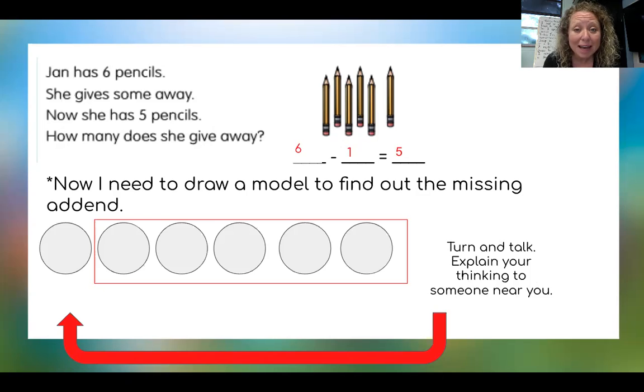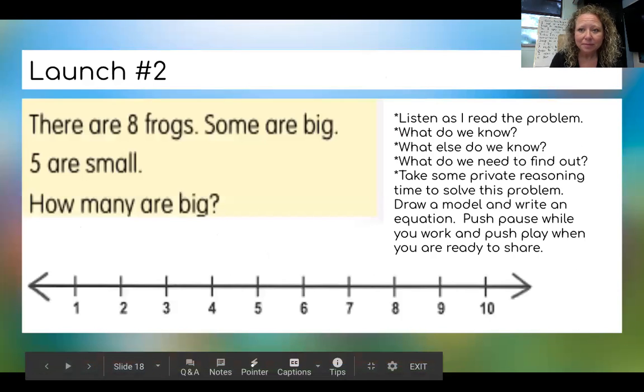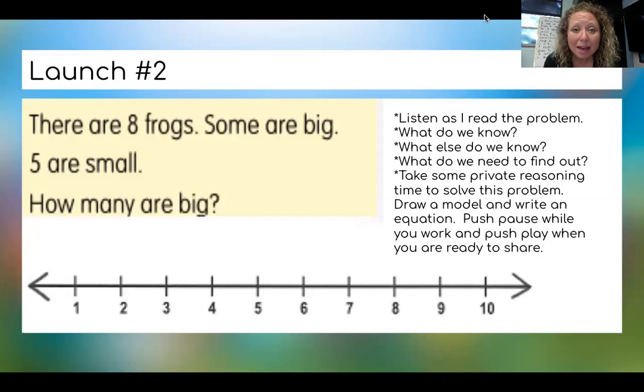If you need more time, push pause now. If you are working on a whiteboard, go ahead and erase your whiteboard now. If you're working on a piece of paper, make sure that you have room for launch number 2.